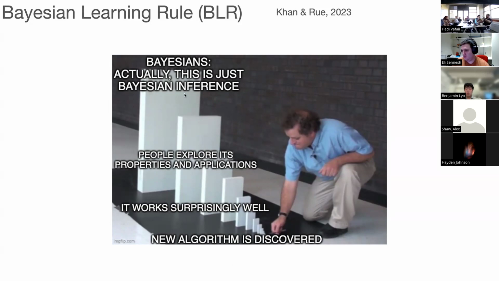Which is not true, you'll see down the line. This is not all they do. They also use this framework to derive new algorithms from the top down. That's why it's cool. I recently learned this is called Bayes planning.